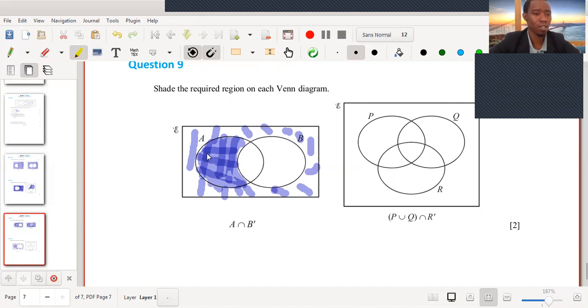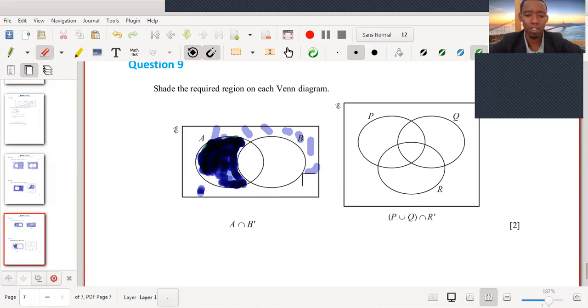Maybe I should use another color to differentiate it, so I remember what I'm looking for. I'm looking for the inside part only, so I'll mark whatever is not there.